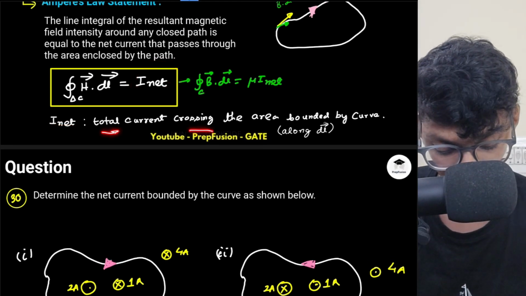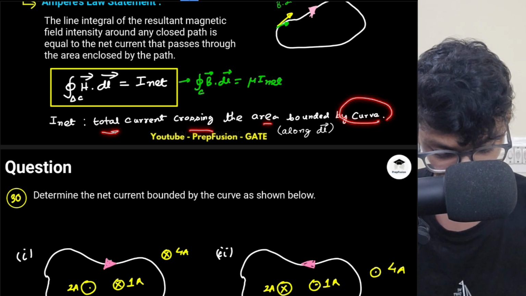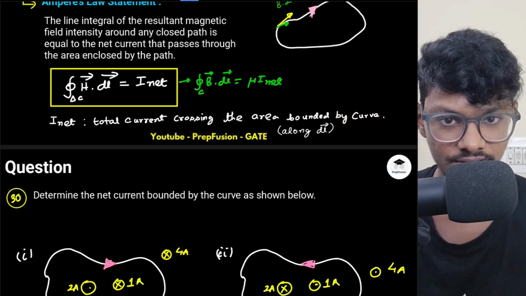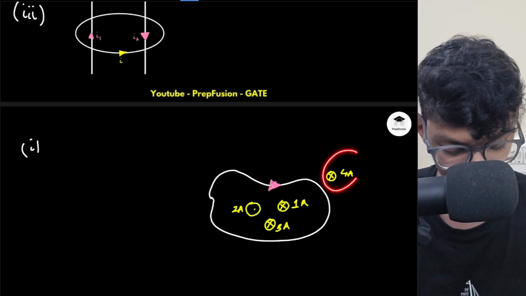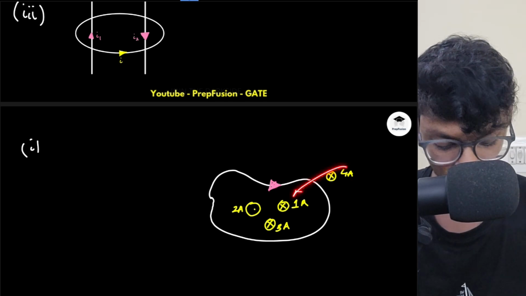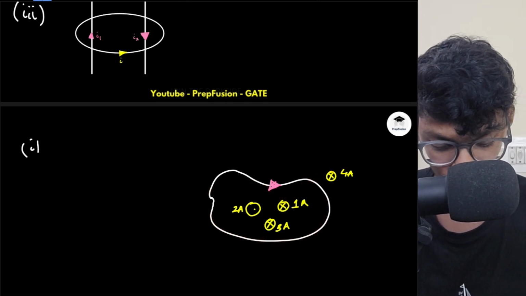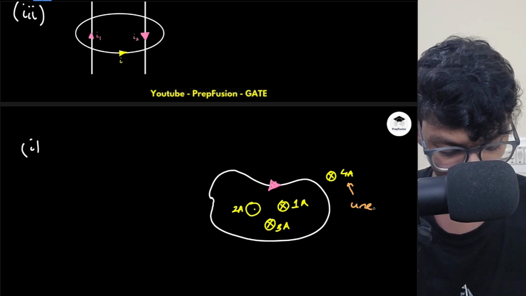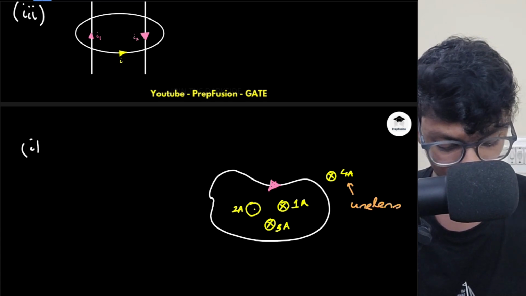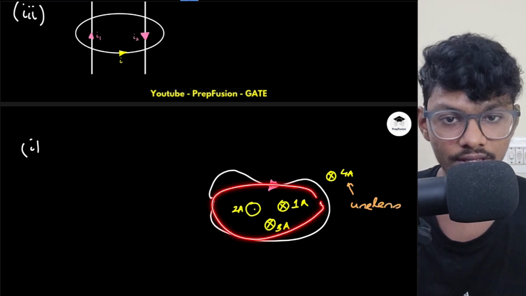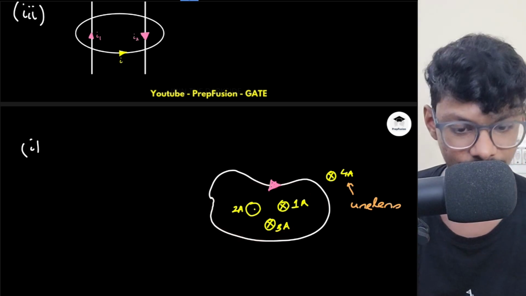It is the total current crossing the area bounded by the curve. So will this current cross any area bounded by this curve? No, right? So obviously this current is simply useless. Any current outside the bounded curve will be useless, and I will simply ignore that.